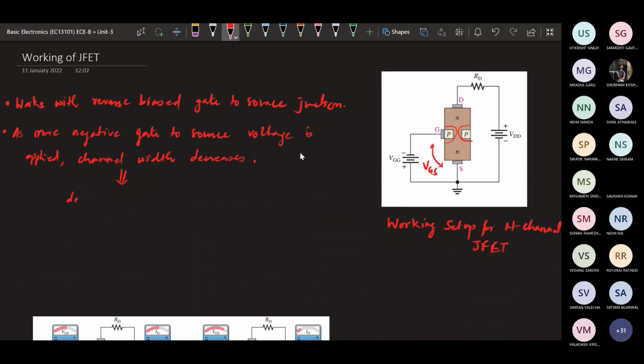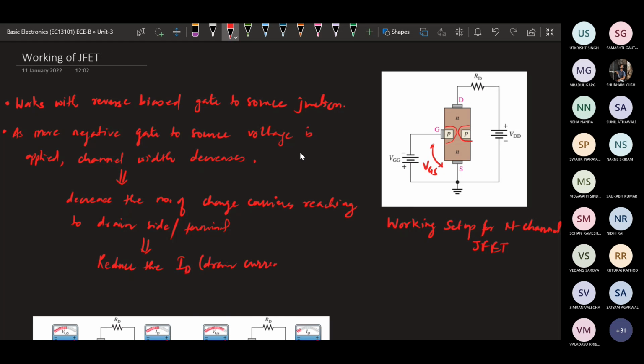This will decrease the number of charge carriers reaching the drain terminal, so it will basically reduce ID, that is the drain current. Okay, so this is the main motive.